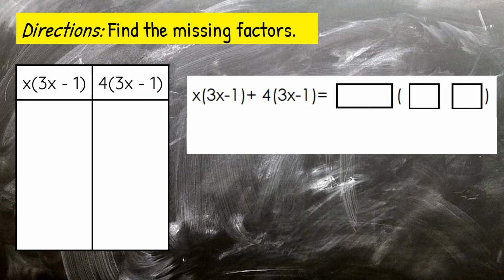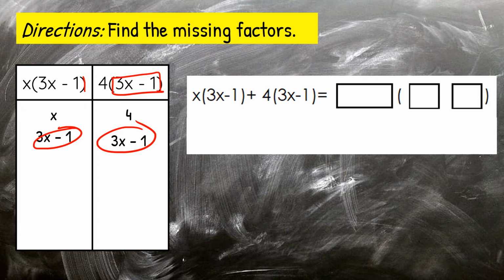Okay, in this example, we have 3x minus 1 times x. So our two factors are x and 3x minus 1. And then our other term has 4 and 3x minus 1. You can see that they both have 3x minus 1. That is our GCF.